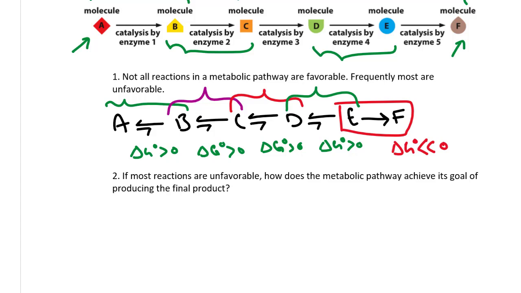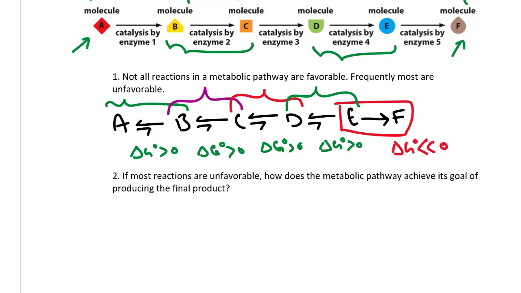All of E will be turned into F. So if all of E gets turned into F, then reaction D to E cannot reach equilibrium because E is constantly being removed. So that reaction needs to take more D and turn it into E so that it can get to equilibrium. Well, if D is being transformed into E constantly, then the concentration of D keeps decreasing.